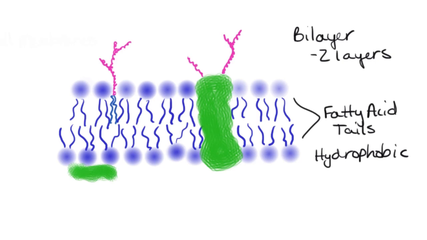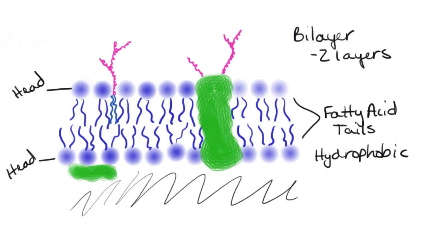And then on the other two ends, so on the top and then also on the bottom here, that's where we're going to have those head groups, and those are the parts that are going to be very hydrophilic. This is important because inside the cell, which in this picture is going to be down on the bottom, we can think of all of this down here as the cytoplasm side.